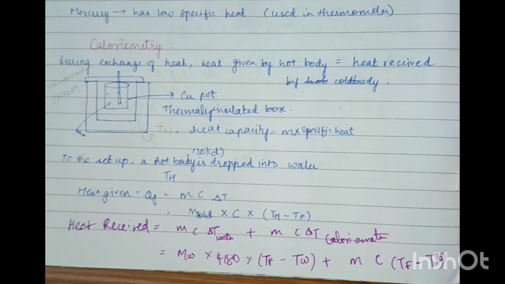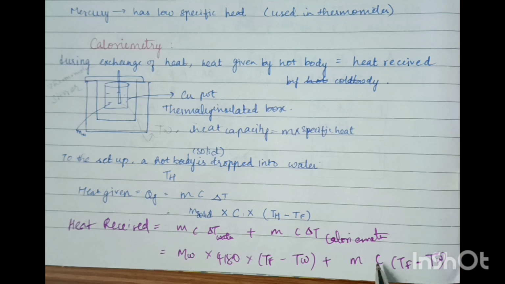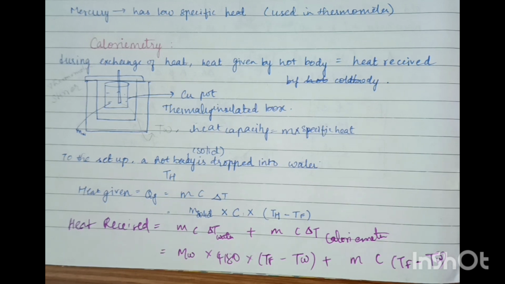That is, the final temperature is the higher temperature and the initial temperature was only 5. So here you have to take T final minus TW. And similarly for the calorimeter, you can consider mass of calorimeter into C, the specific heat capacity of the calorimeter, that may be given in the question, and T final minus TW. So this is the heat received.